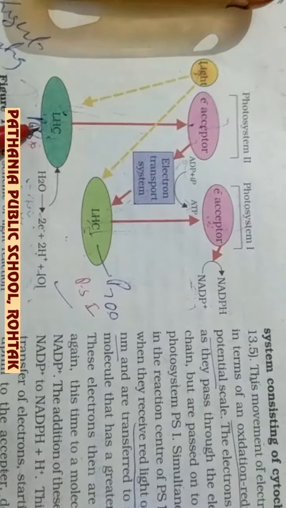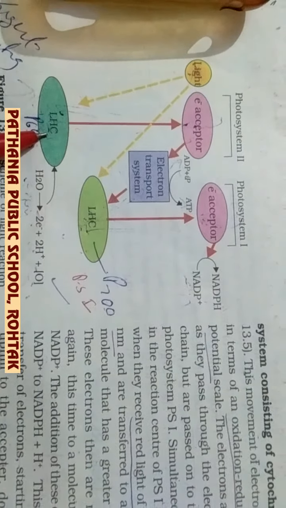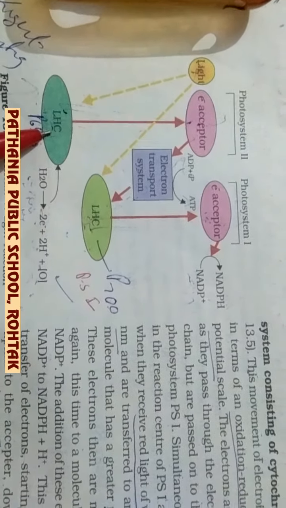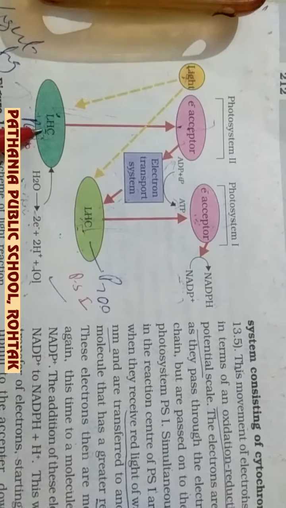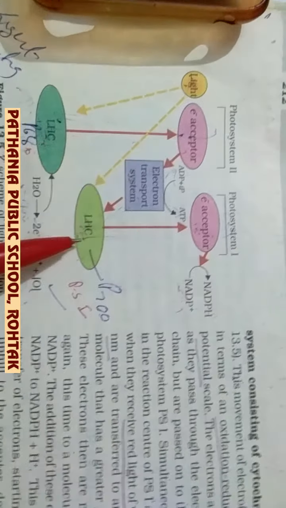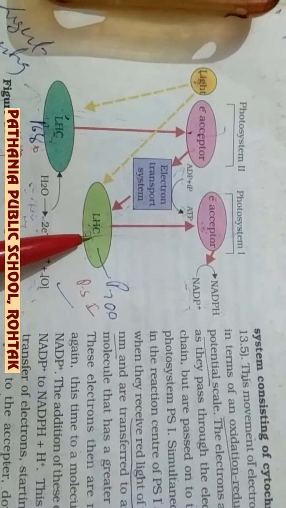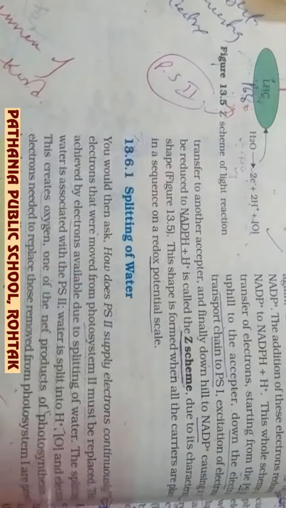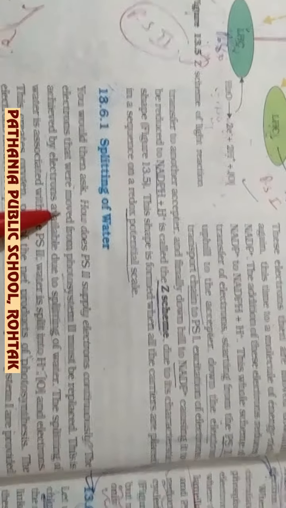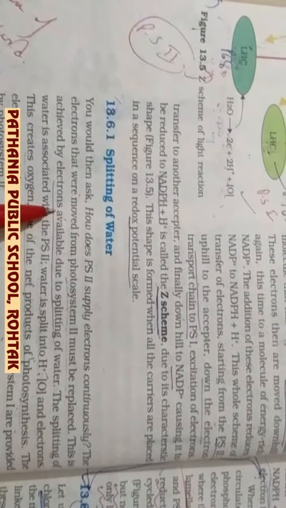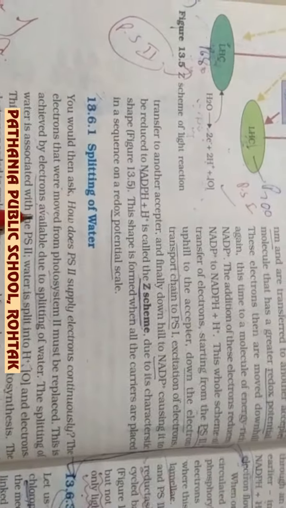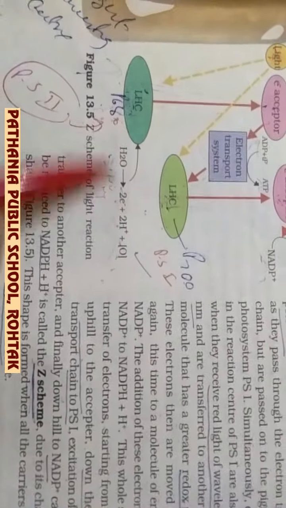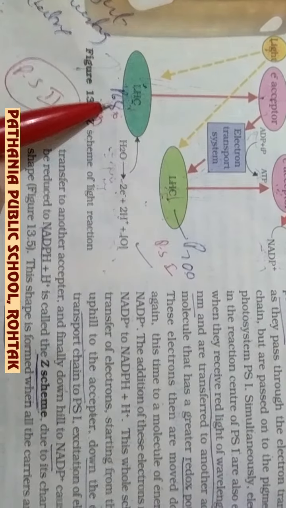Now the question arises: how will this LHC come back to its stable state, because the electron emitted by this has gone to pigment system 1, that is P700? So here another step is there, that is splitting of water. Water gets split in the presence of light, and this is associated with pigment system 2.